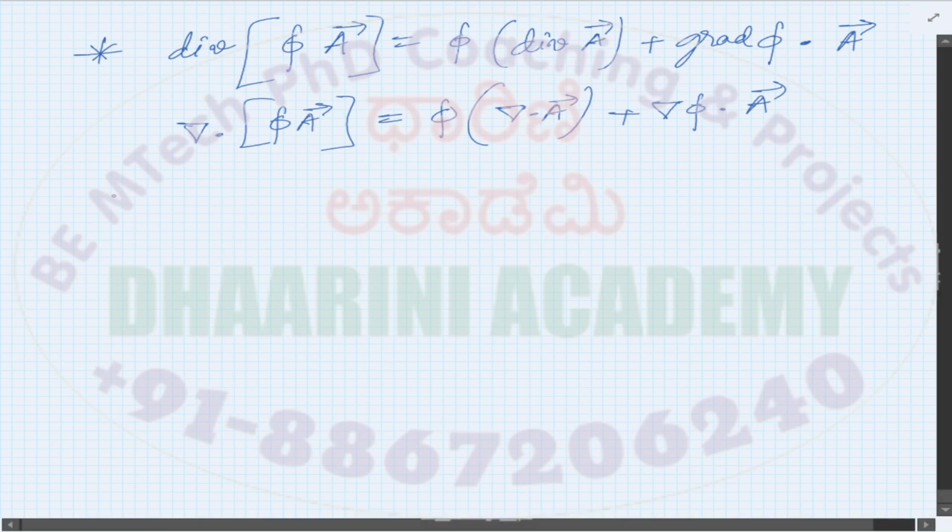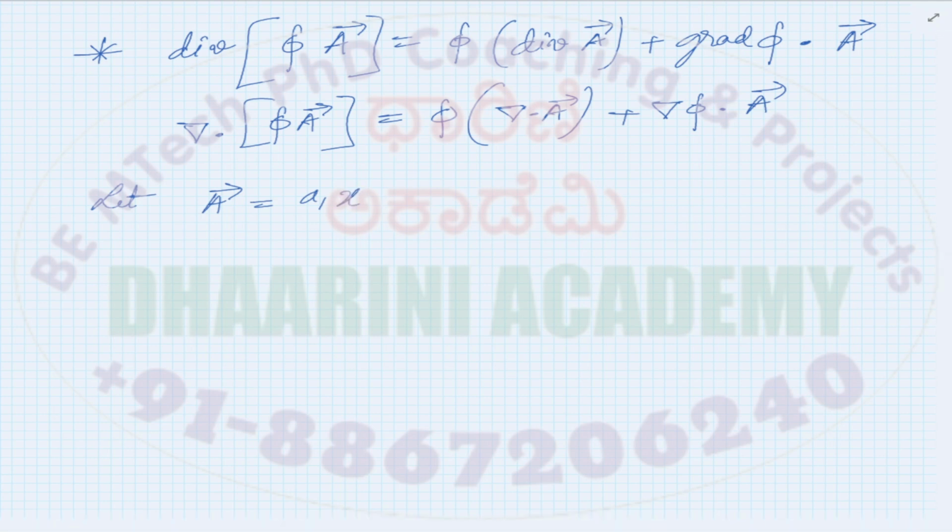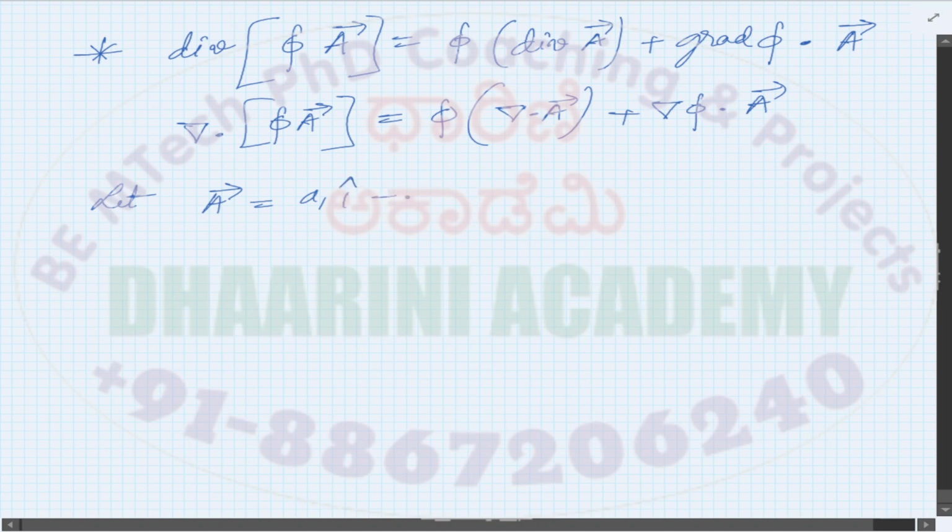Okay, so we'll start like this. Let vector A be equal to A1 into I cap. So we'll write the x component as A1 I cap plus A2 j cap plus A3 into k cap.